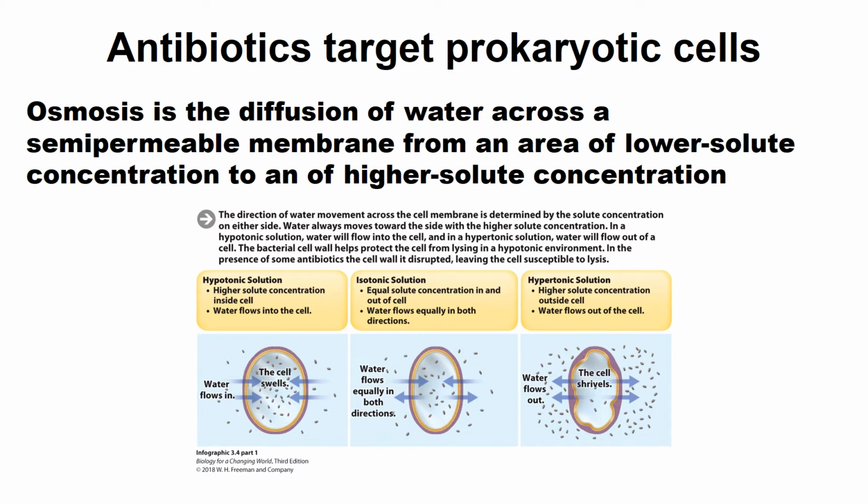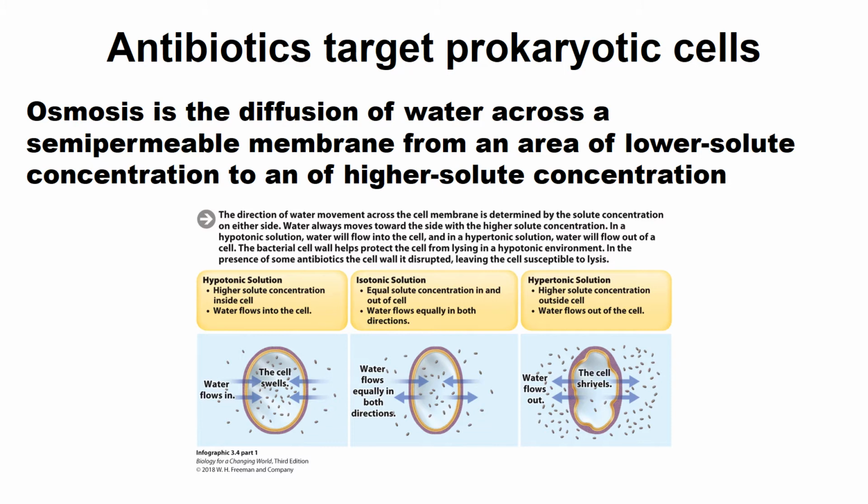Because water likes to destroy things, the water is going to go inside the cell. Because the cell is acquiring more water, it's going to get bigger and bigger. And if there is enough pressure, the cell is going to explode.